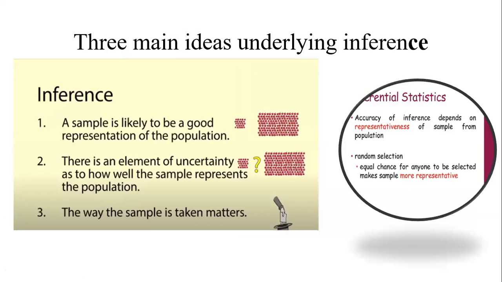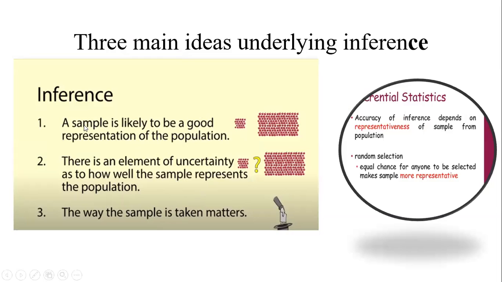And the third one is that the way the sample is taken matters. That is why in your research methodology you need to include how you have obtained your sample. What is your sampling method? Whether it is simple random, cluster, stratified, systematic, or whatever the sampling method, it must be a very accurate one. So these three points are very essential when you talk about inferential statistics, right?